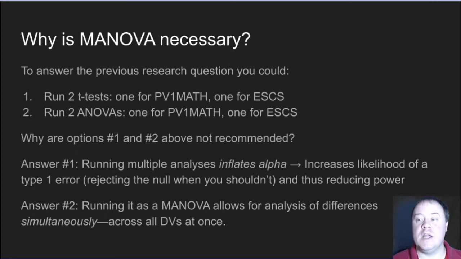Also, running it as a MANOVA allows for analysis of differences simultaneously across all dependent variables at once. Once you see that there's an effect, then you're sort of protected from making those wrong decisions based on those p-values telling you there's a difference when there really isn't, because you already know there's a difference. Now you're just finding out where that difference is.